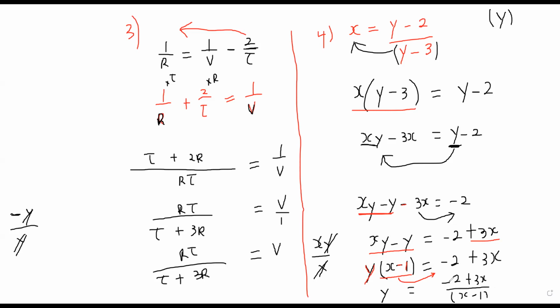So it will be y equal to minus 2 plus 3x divided by x minus 1 in brackets, right? Good. So you just need to remove the bracket, factorize, and know how to transpose. So this is basically it.